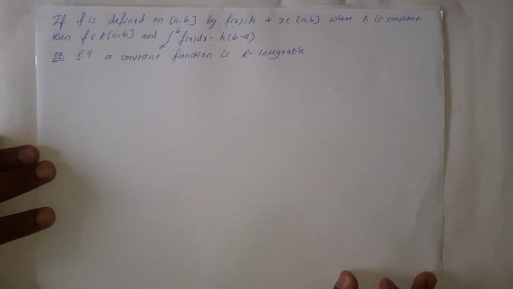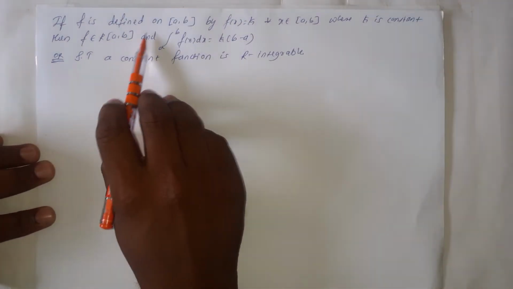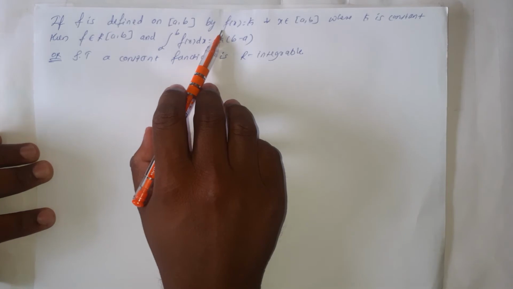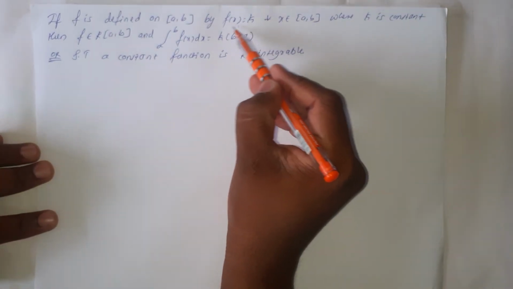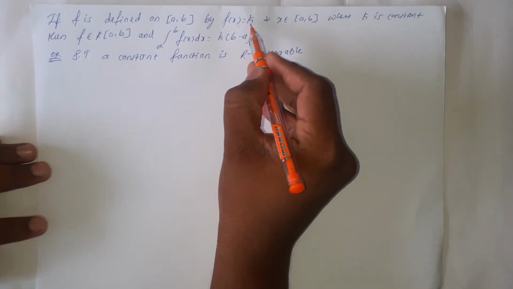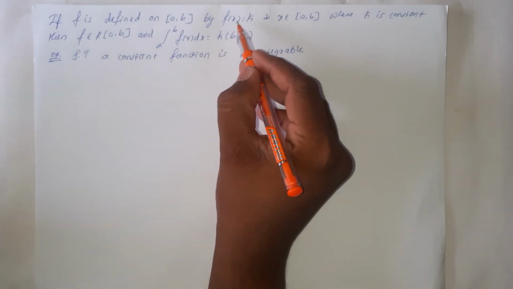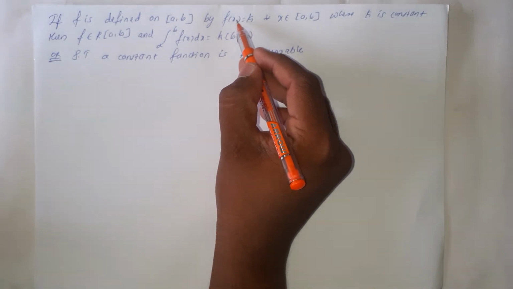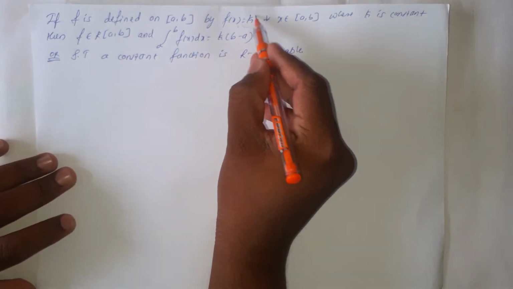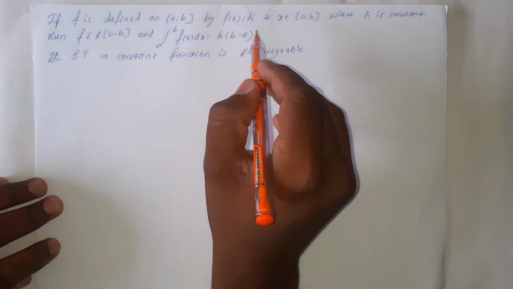The next example is, if f is defined on the closed interval [a, b] by f of x equals k, meaning the given function is a constant function, that is equal to k, meaning whatever the value of x is input, the output is k only, that is nothing but the constant value.